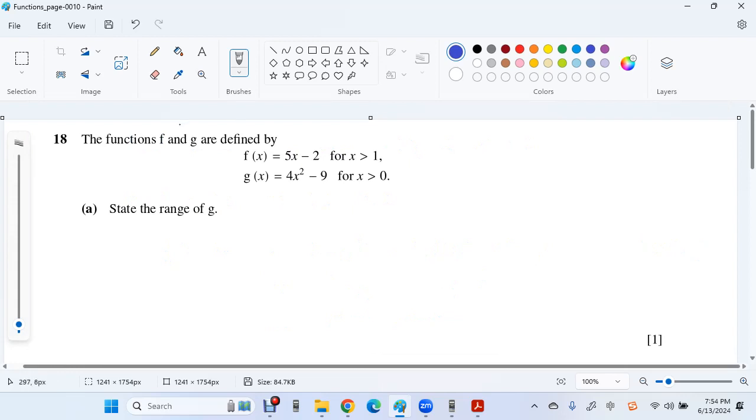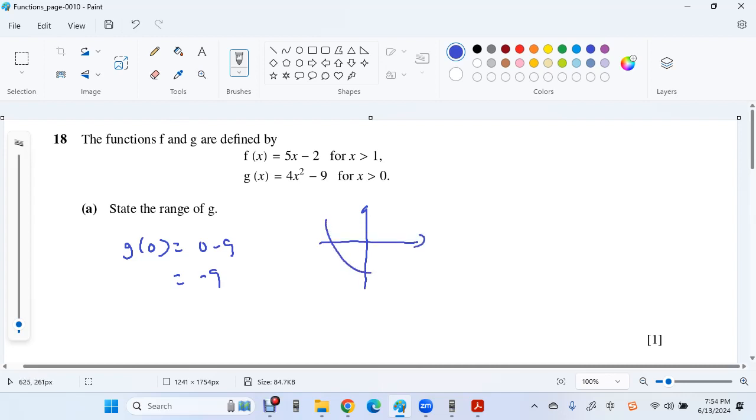Question number 18. Functions f and g are defined by this. State the range of g(x). So g(0) is 0 minus 9, negative 9. We have 4x squared minus 9.